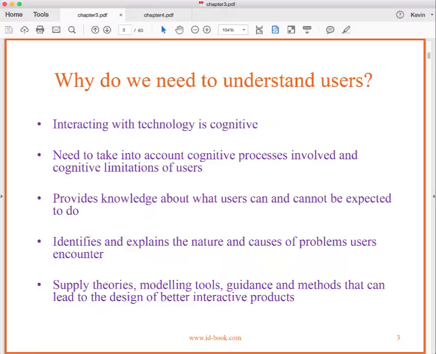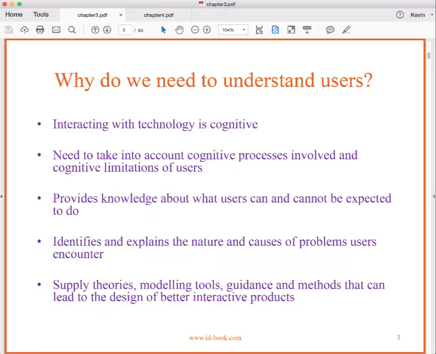So, why do we need to understand our users with respect to their cognition? Well, they are interacting with our technological solution, and that interaction is cognitive, more than physical.